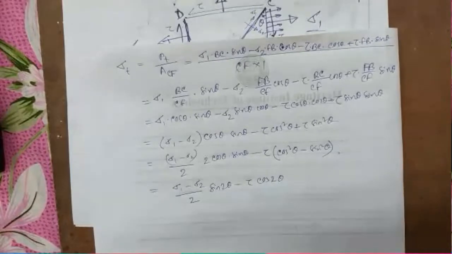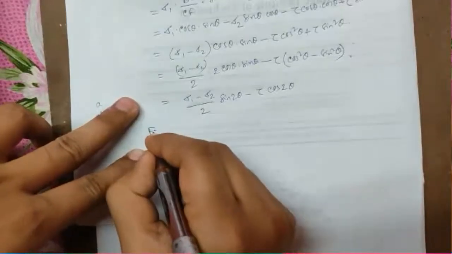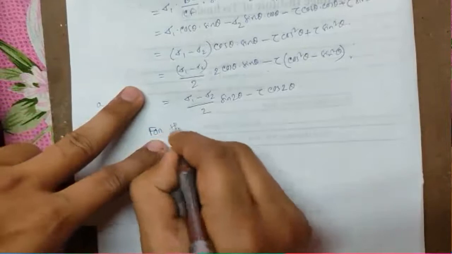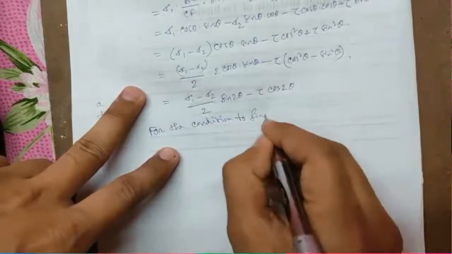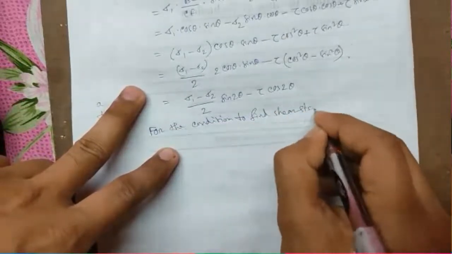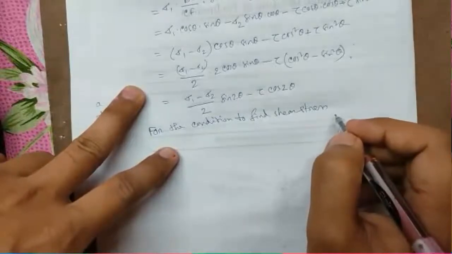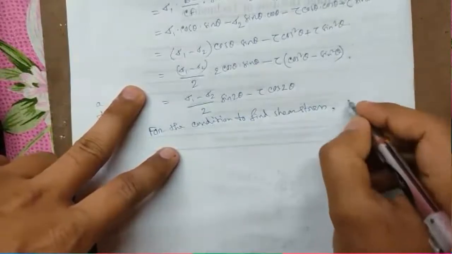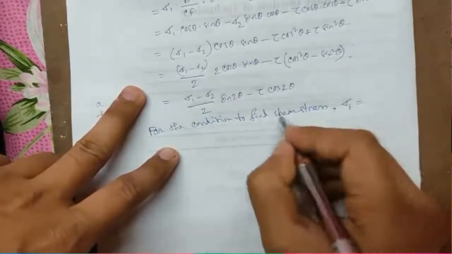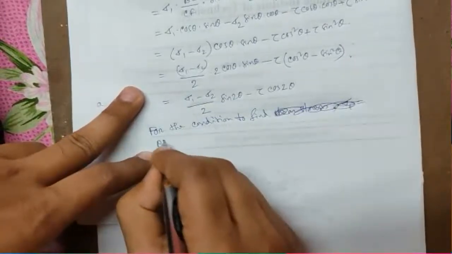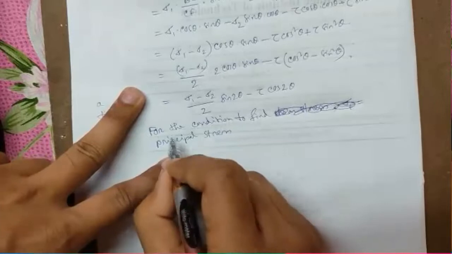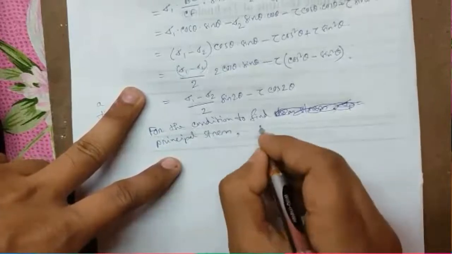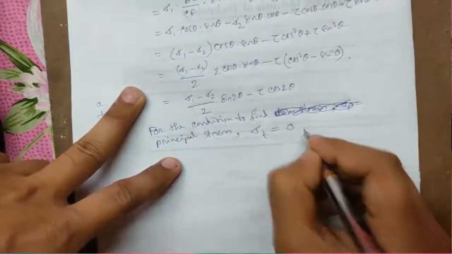So for the condition to find principal stress, I have written it wrong before, the shear stress should be equal to 0.